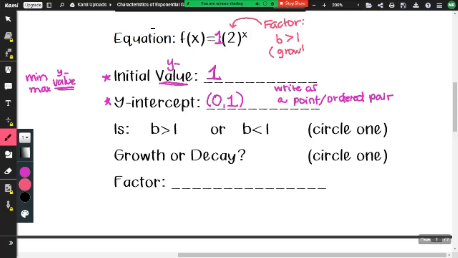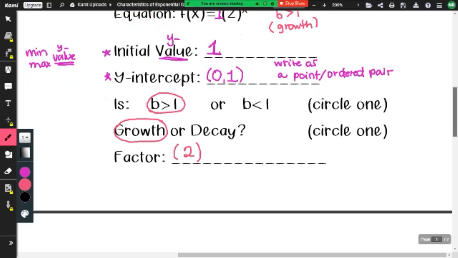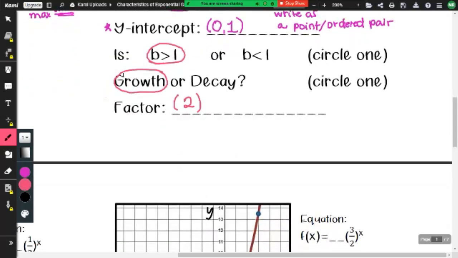Growth. And once again, the reason I use b is because that is the variable that they use for the factor. B is greater than 1, so we're going to see exponential growth. Greater than 1 and growth. My factor is 2. I'm going to go ahead and leave it in parentheses, so I remember that that is where I find it. It's always the number in the parentheses.